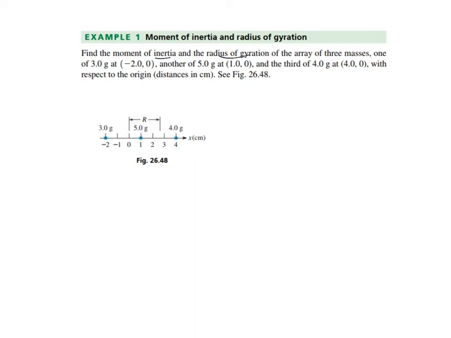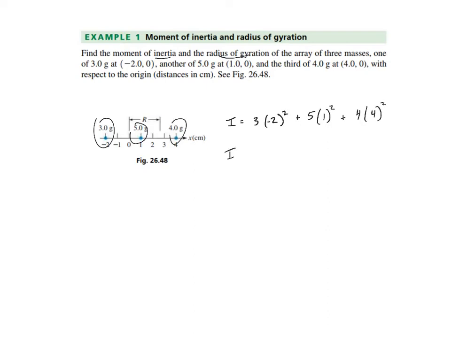We'll do the moment of inertia first, and the formula that I just gave you on the previous slide says to take each mass, so I'm looking at this mass here, and you multiply by the distance away, -2 in this case, squared, distance away from the axis of rotation, and then you add a mass of 5 grams times 1 squared. That's this location right here. And then you add to that a mass of 4 grams times 4 squared. There's my object right there.